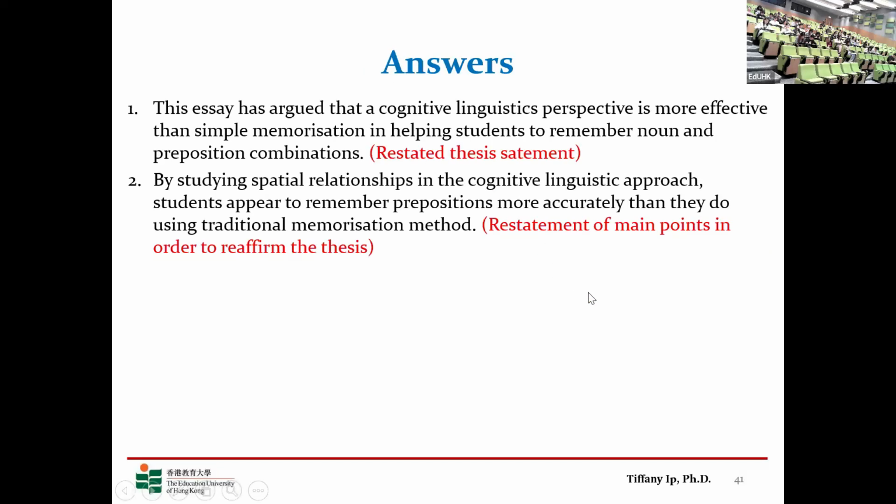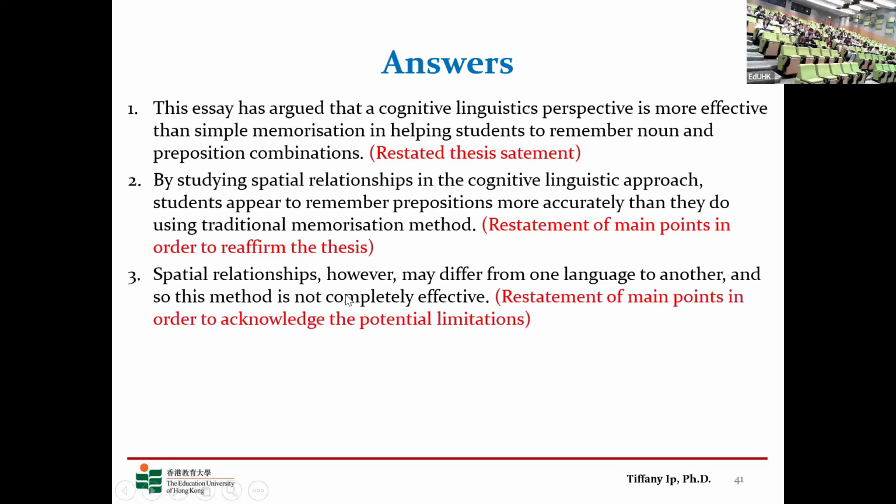After that, you would restate your main points. You want to talk about a cognitive linguistic approach. You support that. Of course, you would mention how great this approach is. And then you still need to highlight this method may not be completely effective, maybe acknowledge the potential limitations.